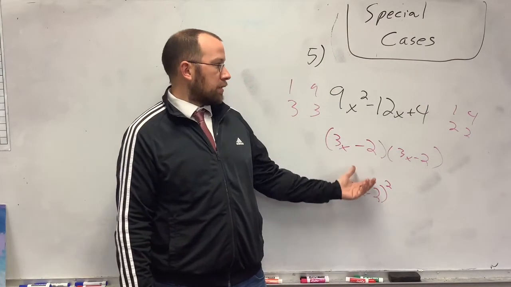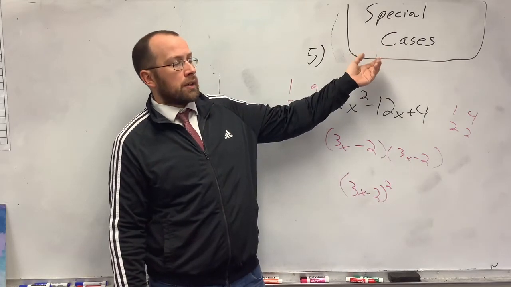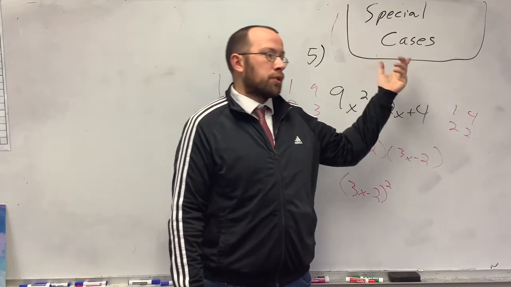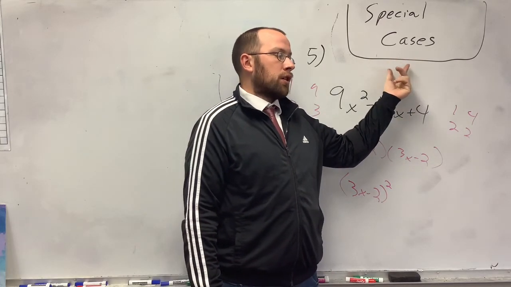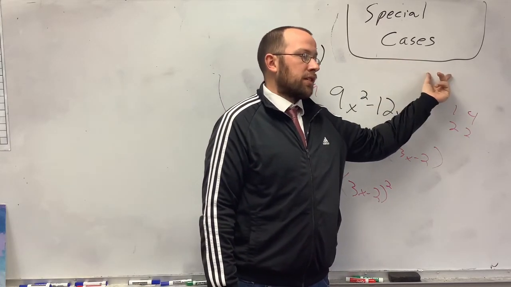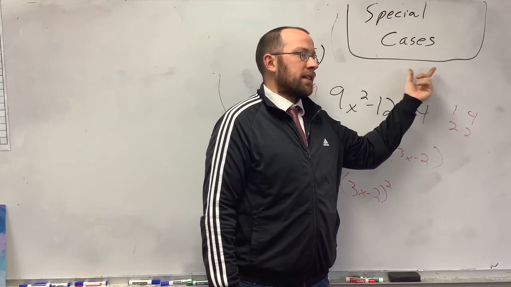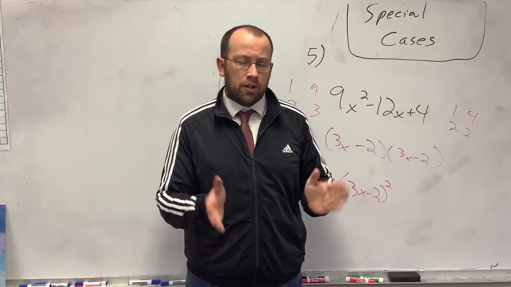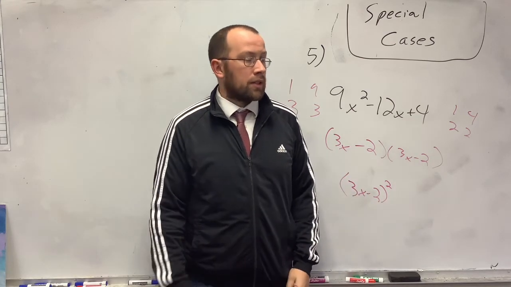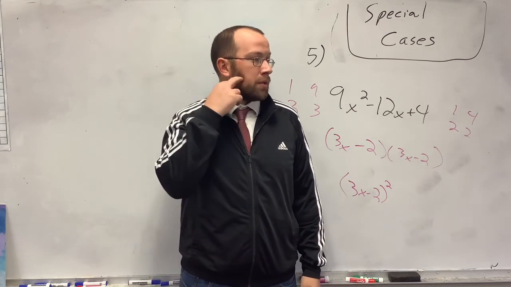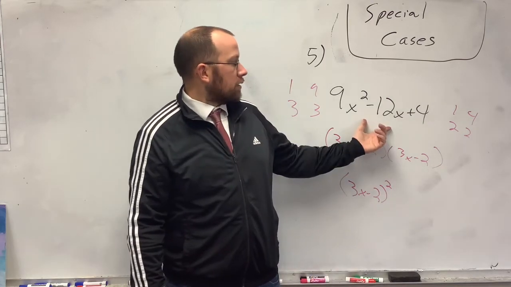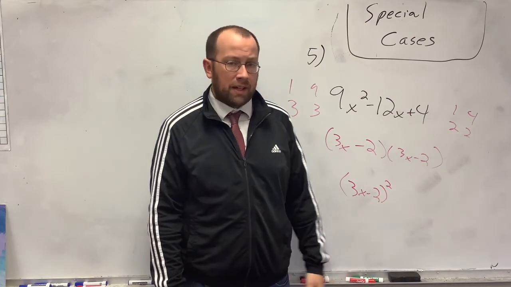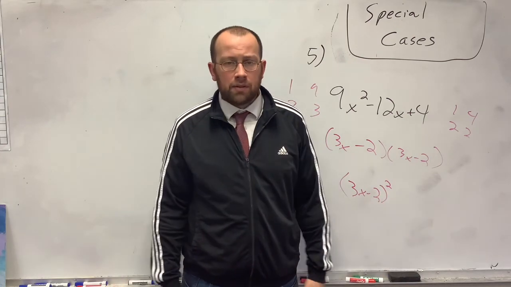But all this section is trying to show you is that if you have two binomials multiplying by each other, and the coefficient of the first and the coefficient of the second are the same, and the constant in the back has the same sign, you can write it as one binomial squared. And when you get the same thing twice, it can be written as 3x minus 2 squared in simplified form. That's all I wanted to show you.